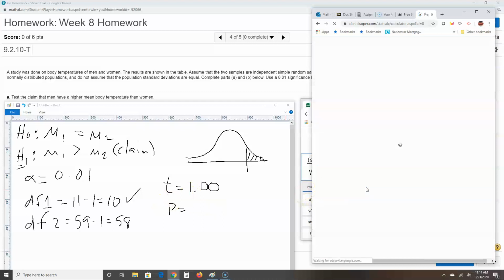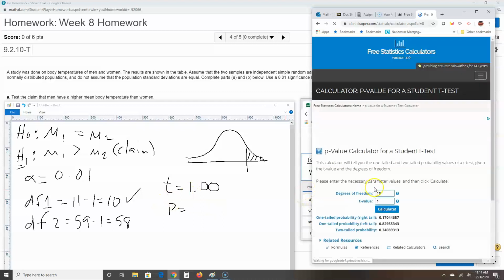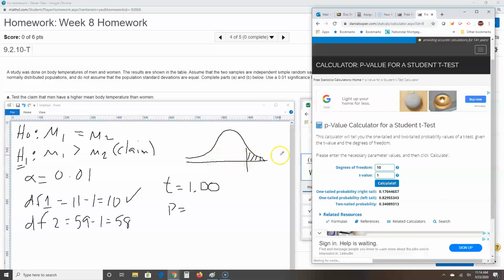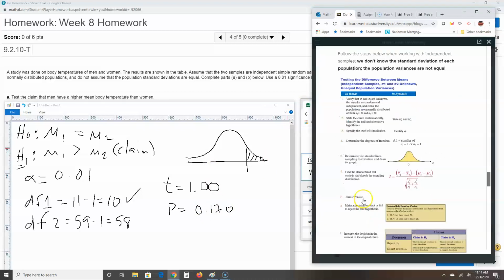Calculate. And you're going to have 3 answers. Which one you're going to use depends on your picture. Okay, because it's shaded to the right, 1 tail, you're choosing the first one, so your p-value, usually we're going to round to 3 decimal places, is 0.170.